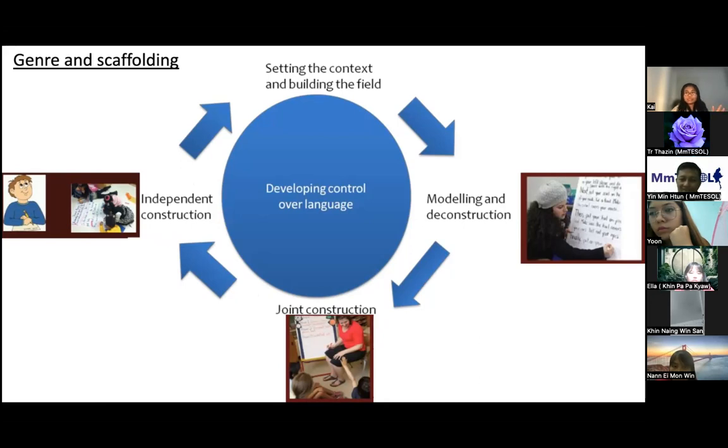Now students have already got adequate support, and they are able to write the essay independently. So that is how we give scaffolding and how we withdraw scaffolding throughout the genre-based approach. That's why the genre-based approach is related to scaffolding, and we can use it to give scaffolding.